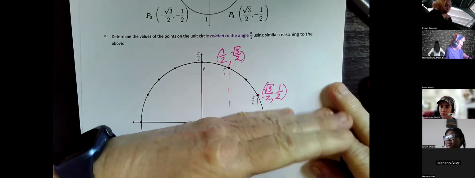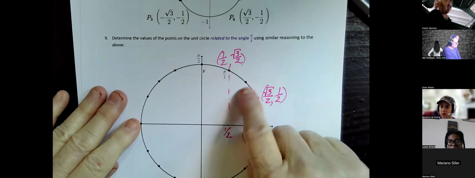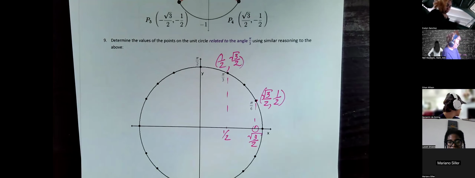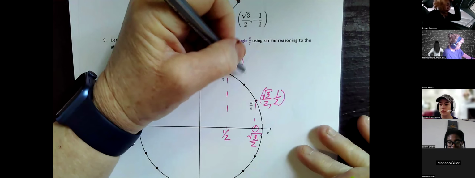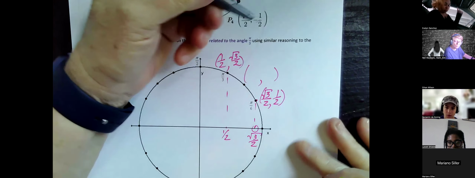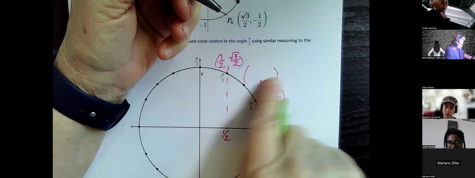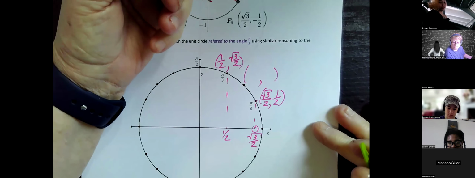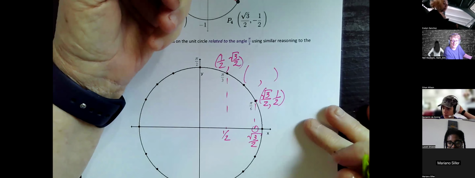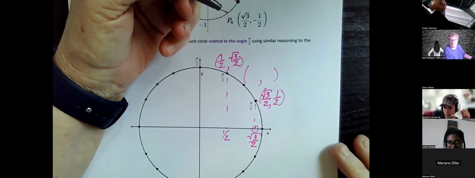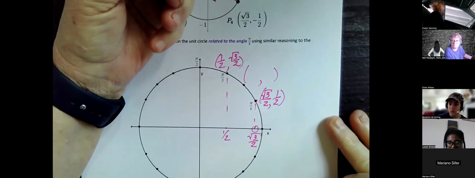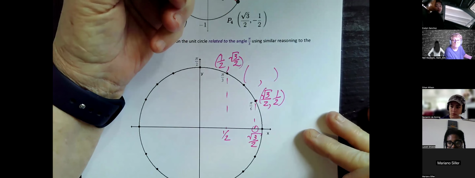What do you have to remember for the pi over 4 angles? What's true about the two coordinates? They're the same. And the only ones that are ever the same are square root of 2 over 2.